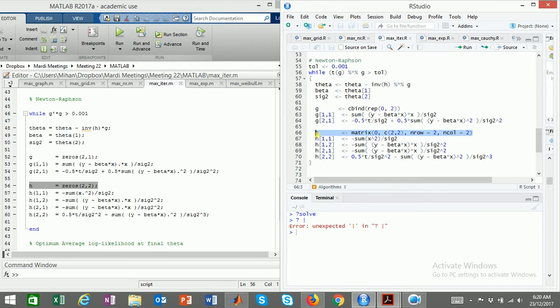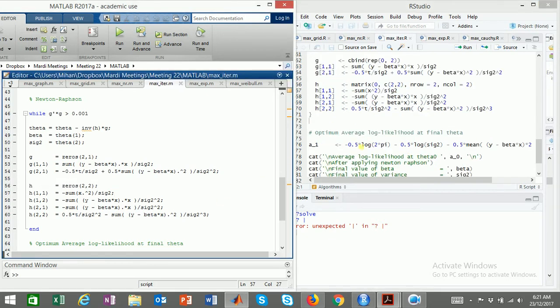We want zeros in all elements, then the concatenation of 2 by 2 arrays, where everything will be 0, the number of rows is 2, the number of columns is 2, and that is passed in a matrix. You have a square matrix. Long sentence. In G we are doing a column bind for just a 2 by 1 vector, that's all.